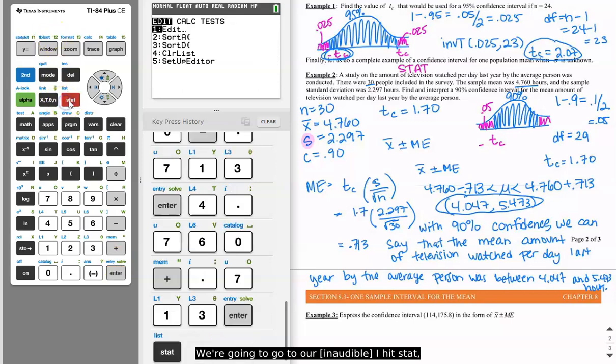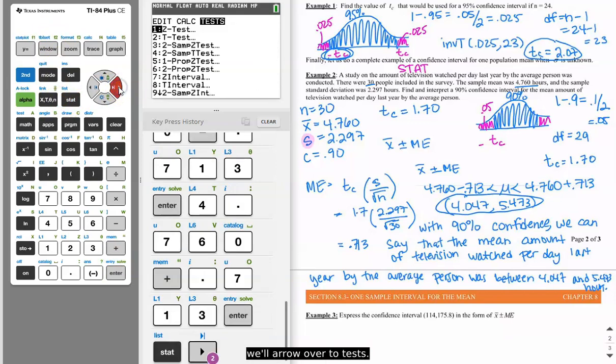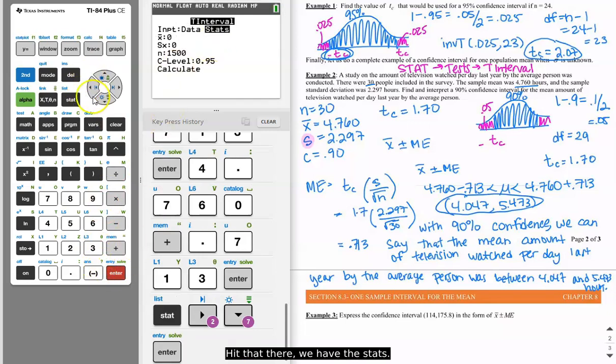We'll hit stat, arrow over to tests. And hopefully you can see we're going to do the t interval. This is number 8 on my calculator. So hit that there. We have the stats.